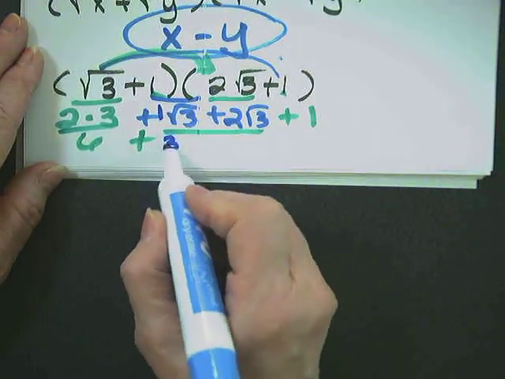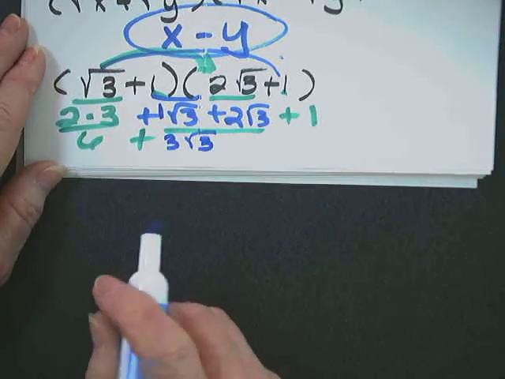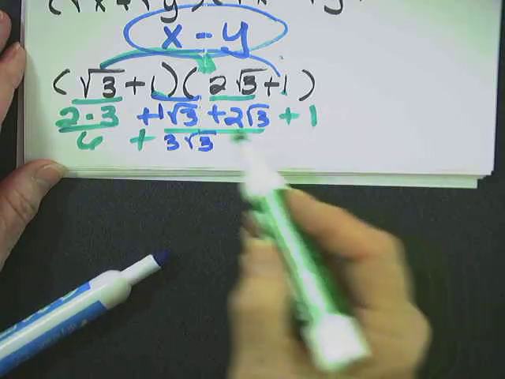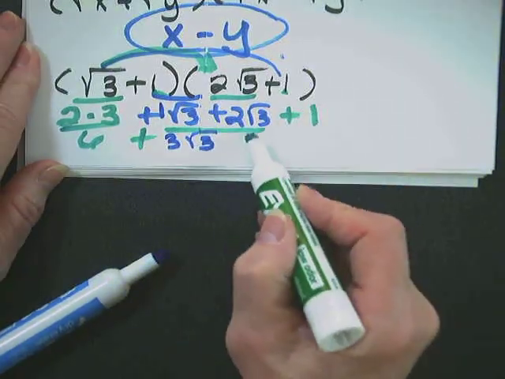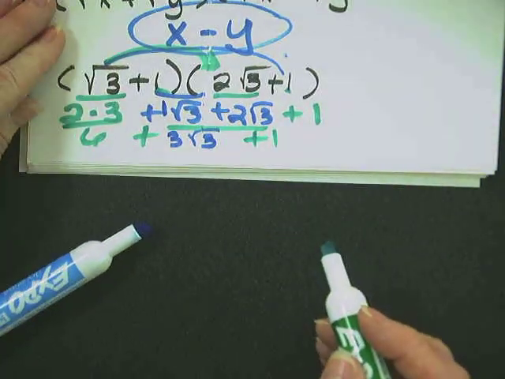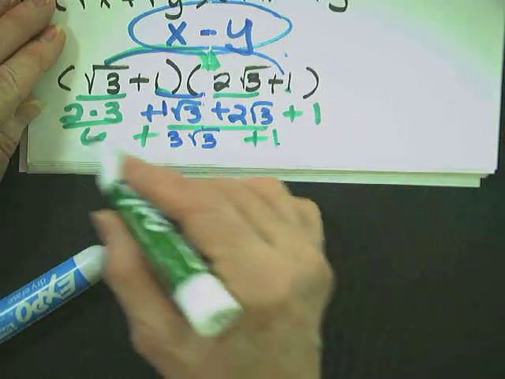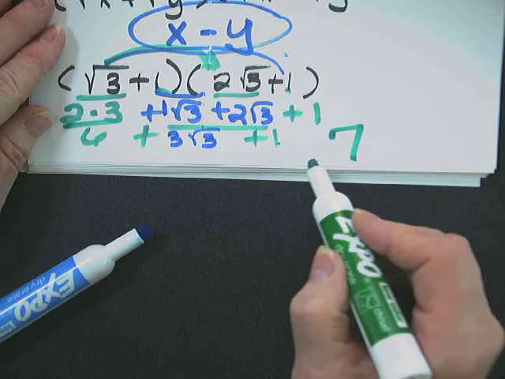Inside, 1 times 2 square root of 3, just 2 square root of 3, right? That was our outside and inside. Our last times our last, 1 times 1, positive 1 times positive 1.